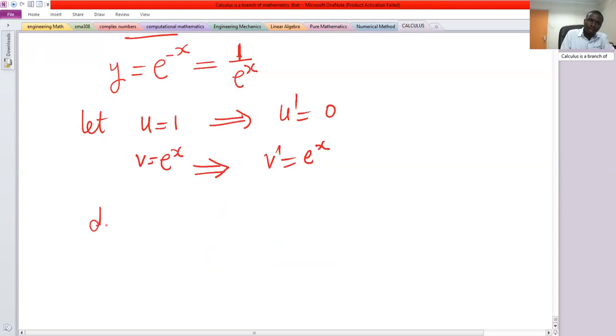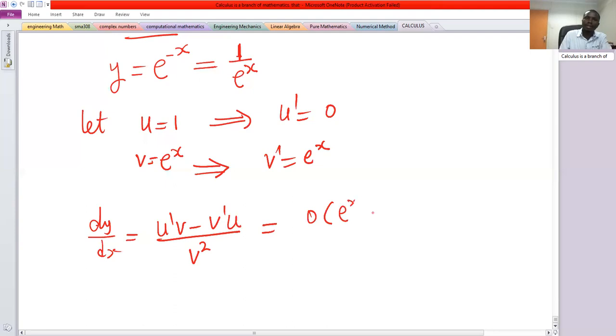So dy dx is given by u prime v minus v prime u over v squared. So which will be u prime is 0 times v, e raised power x, minus v prime is e raised power x times u is 1 divided by v squared. So it's e raised power x squared.